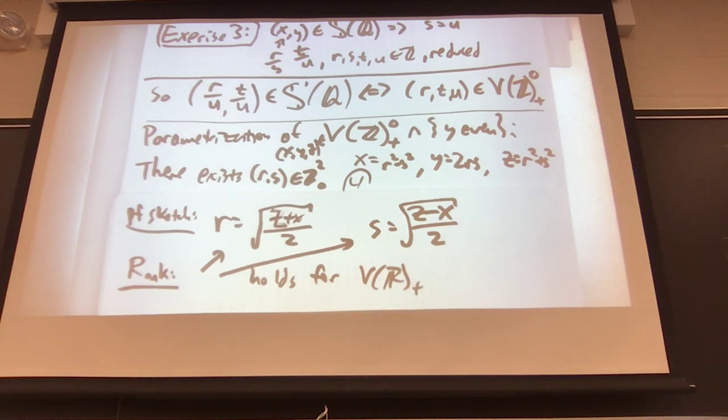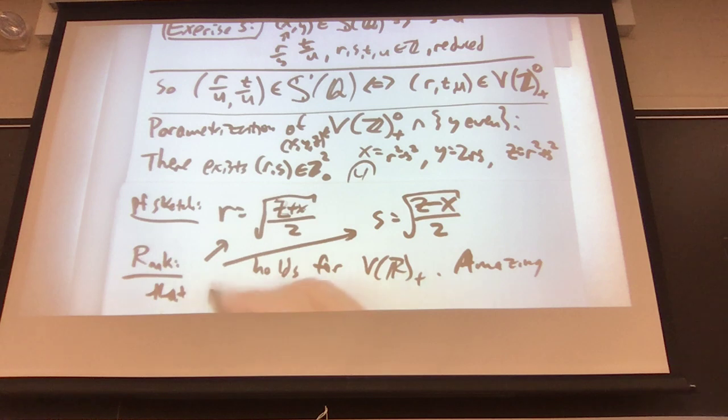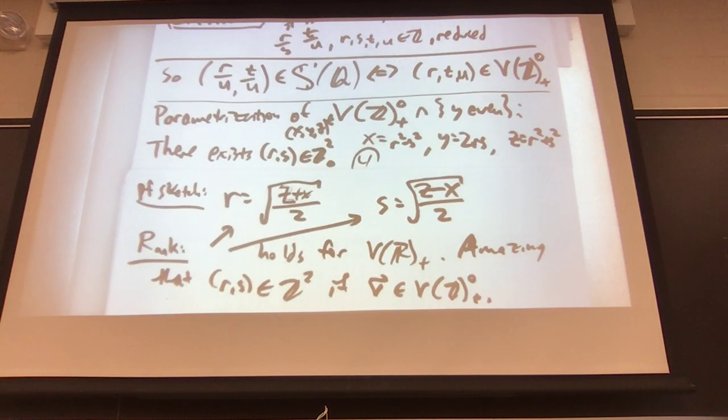What's amazing, until you see the proof, is that r and s are integers if the original point was a primitive integer point. Okay, how did we prove that?